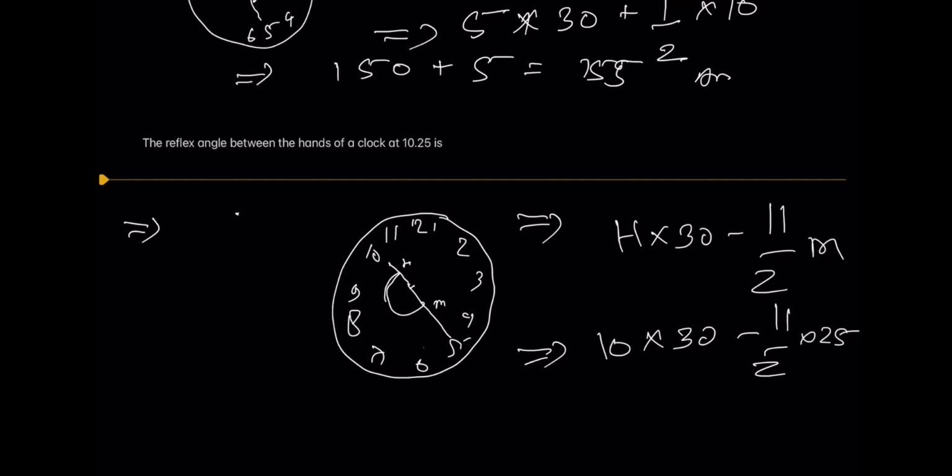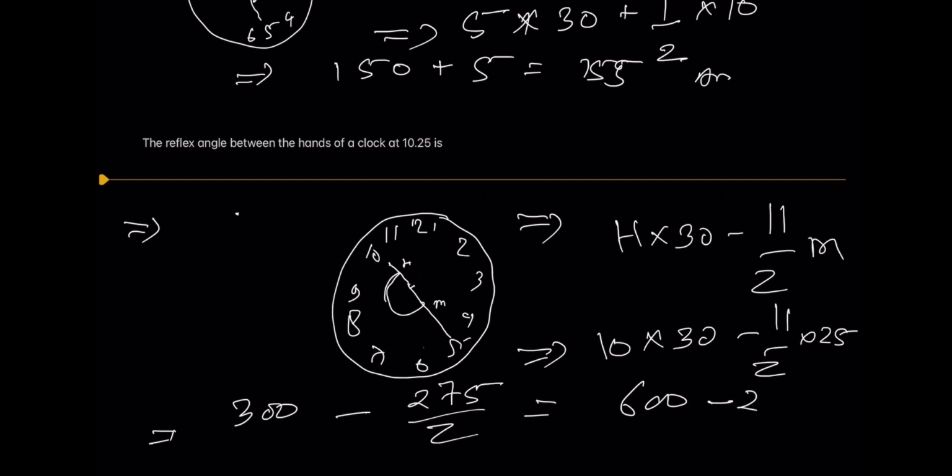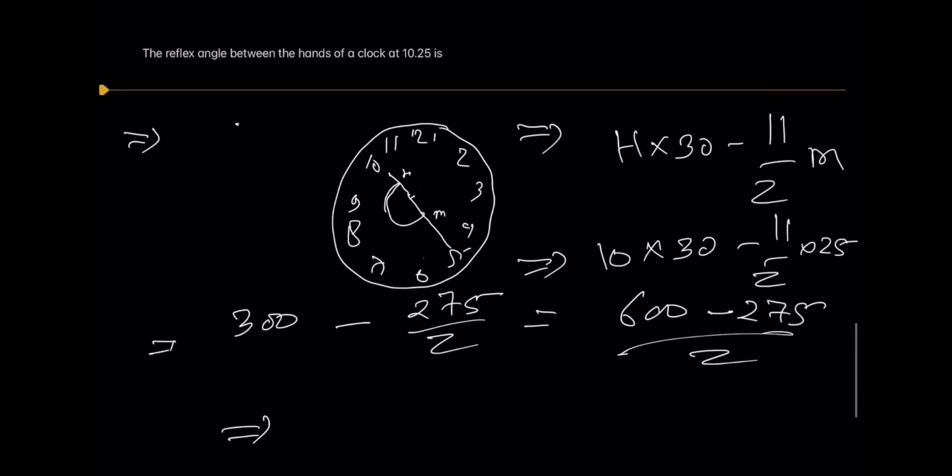That gives us 300 minus 11 into 25, which is 275, divided by 2. That is 600 minus 275 divided by 2. That gives us 325 divided by 2 degrees, and that is our answer. Simple as that. Always remember the formula and do it in a minute.